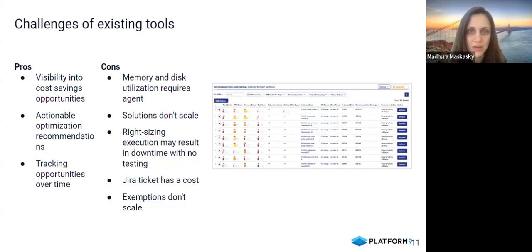So there is a level of resistance in incorporating these recommendations, and it's definitely not a decision that the DevOps teams can make on their own.